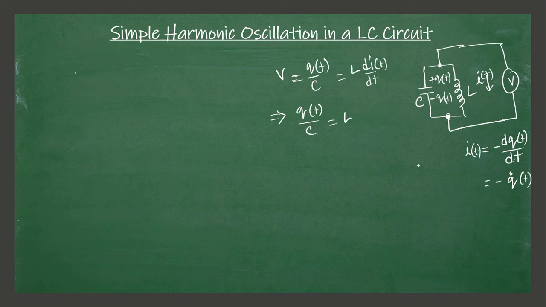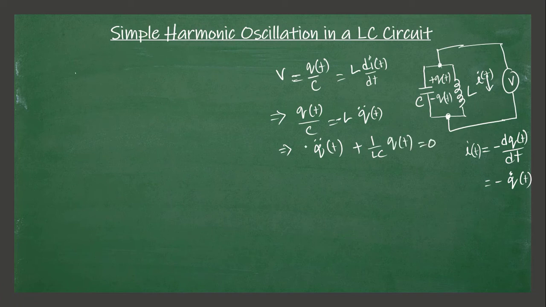So again, differentiating this one, we can write this as Q double dot as a function of t, with a minus sign. Now, if you rearrange this equation, what do you get? Well, we get Q double dot plus 1 over LC times Q equals 0.